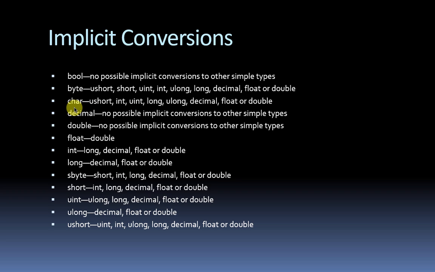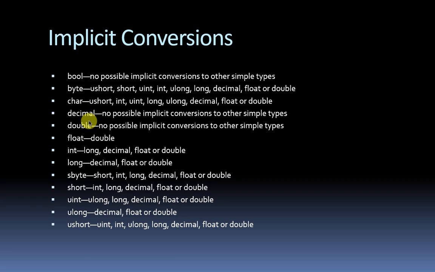A char is a 2-byte piece of information that's specifically used to represent a character in the machine's character set. So characters are actually integer-based types and can be converted to all of these other types as well.